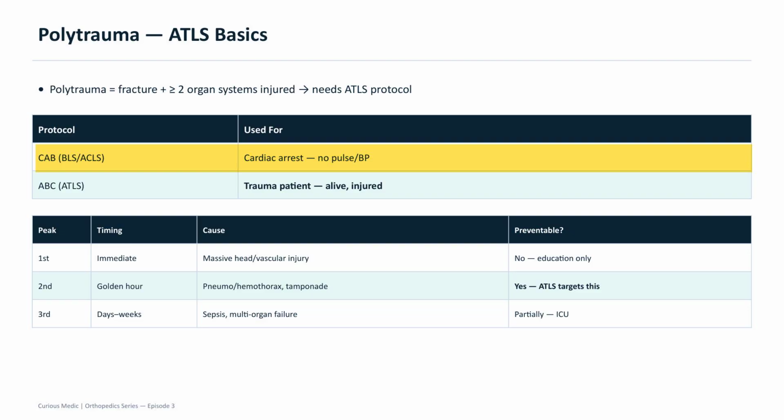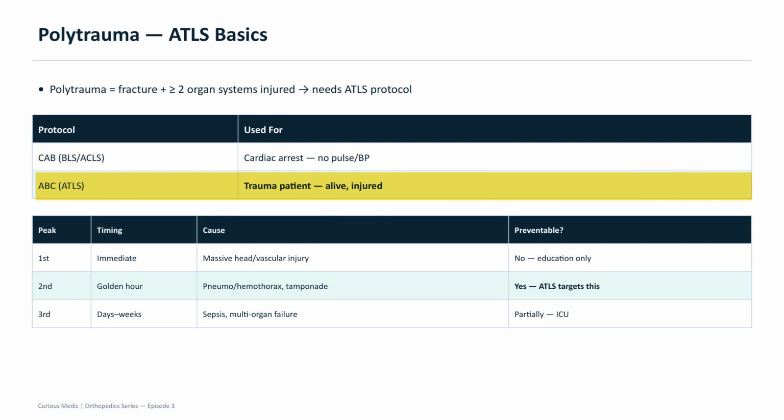Compressions first to get blood moving. ABC stands for airway, breathing, circulation. This is the ATLS sequence, used for the trauma patient who is alive but critically injured. These are entirely different patients with entirely different priorities. BLS is for cardiac arrest. ATLS is for the trauma patient who is injured but not in cardiac arrest.